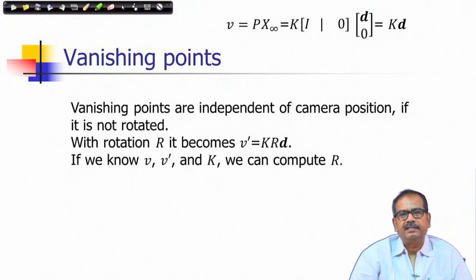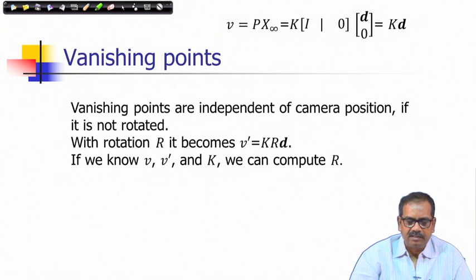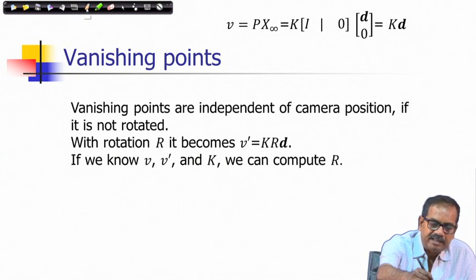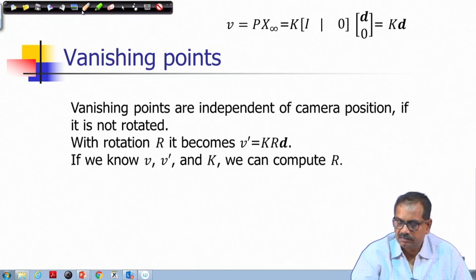So, this is the follow up of that discussion, that it is independent of camera position, for vanishing points, if the camera is not rotated. But when you have a rotated camera, we can also get this very simple expression by applying the same mathematical logic.